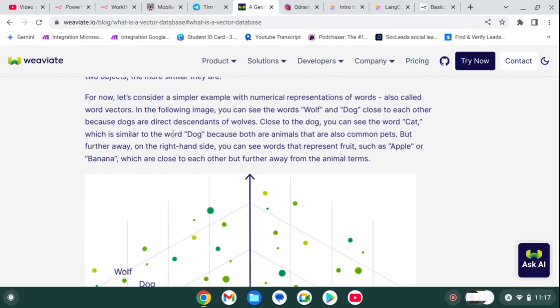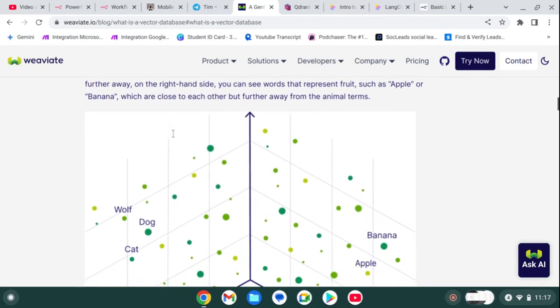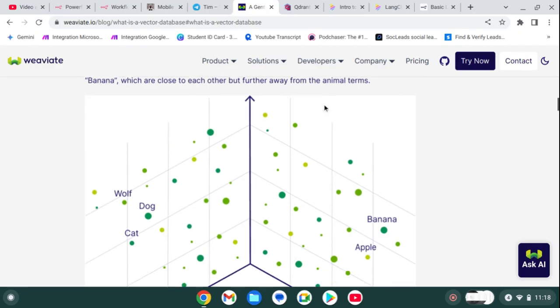But further away on the right-hand side, you can see words that represent fruit, such as apple or banana, which are close to each other and further away from the animal terms. Let's see it. This is a wolf, dog, and cat.